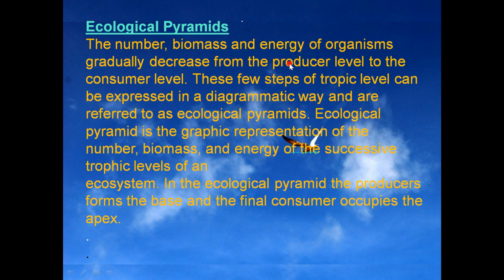Producers are the green plants, and these few steps of the trophic level can be expressed in a diagram, which is called the ecological pyramid.